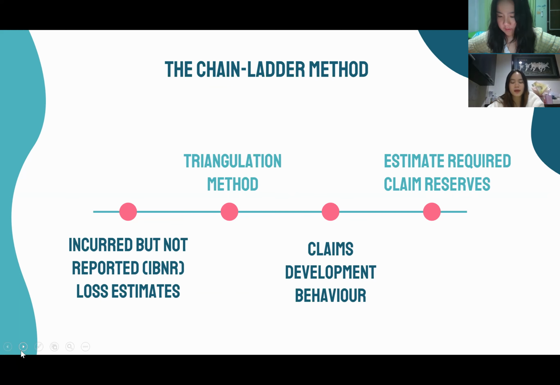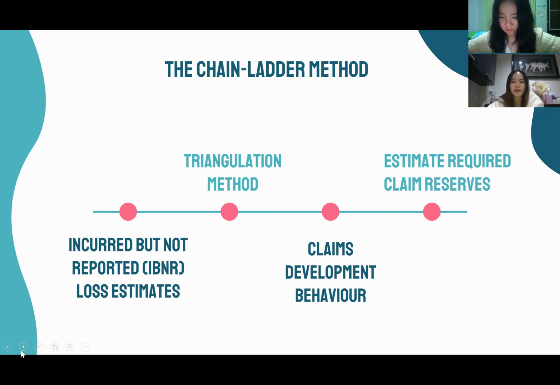The chain ladder method, or the CLM, is a popular way that insurance companies estimate their required claim reserves. This method is based on claims development behavior, assuming that the future pattern of claim development derived from the past experience will remain stable, and the past claim experience is a good predictor of future outcomes.